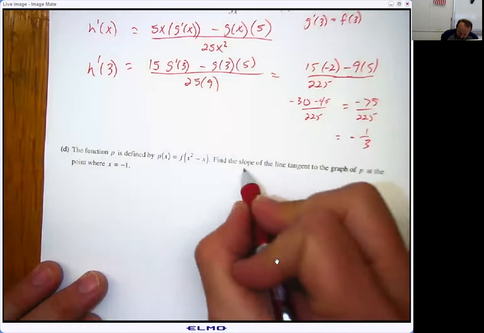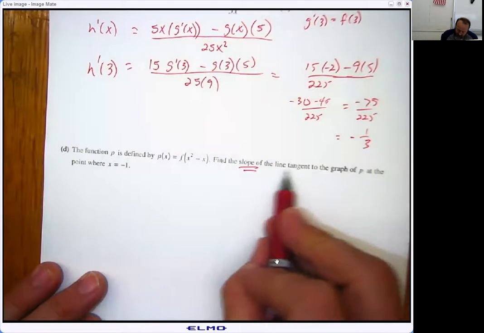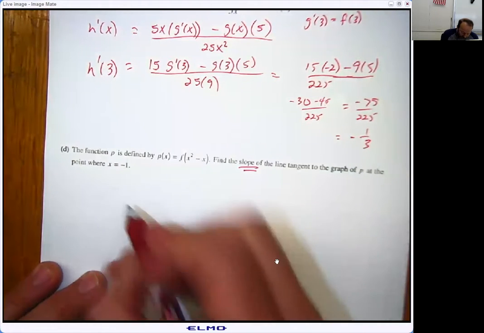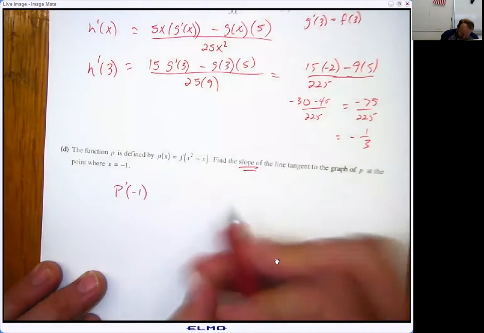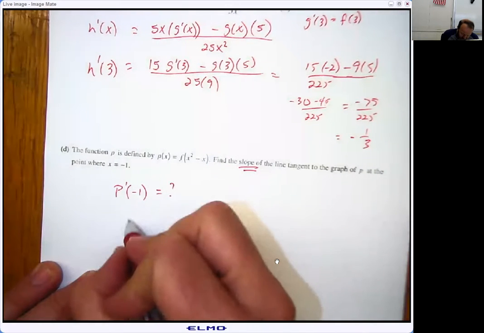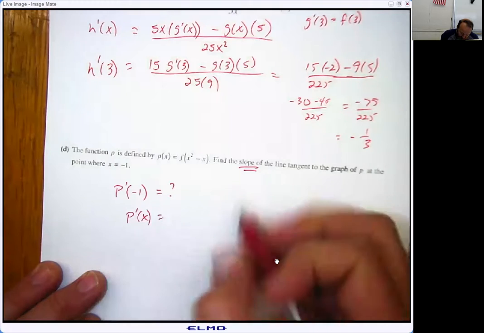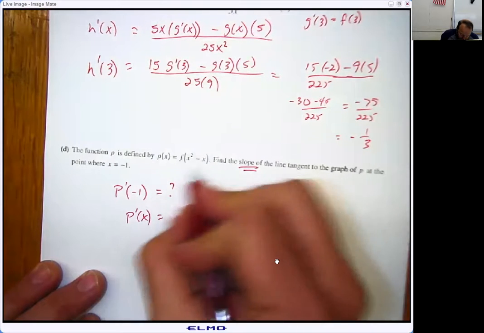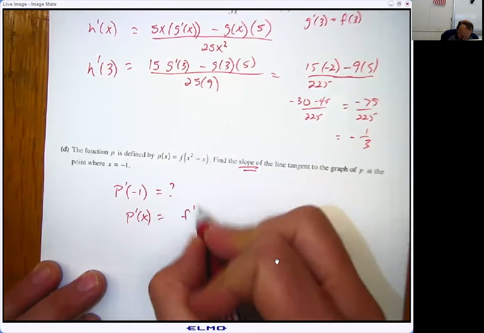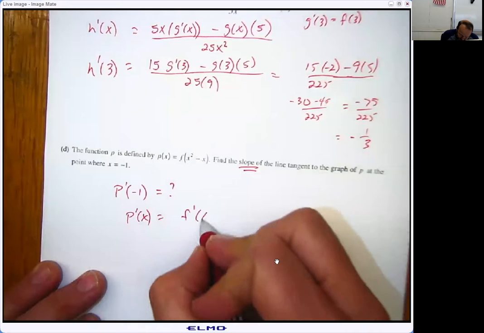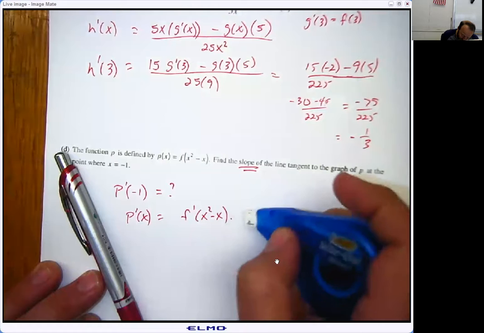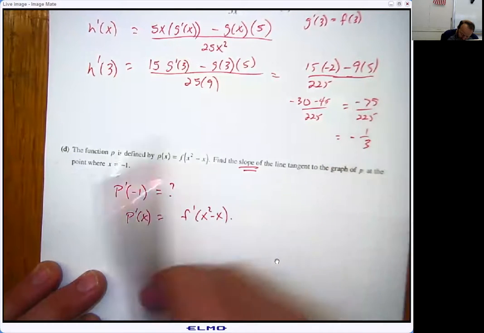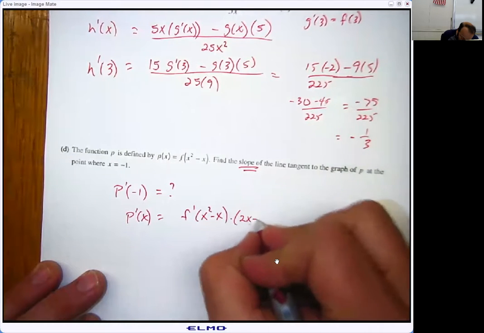So if we're going to find the slope or the rate of change of that line tangent to P, they're going to look for what is P prime of -1. So first off, what is P prime of x? Well, this is a perfect chain rule problem. The derivative is the derivative of the outside function times the derivative of the inside function, which of course the derivative of x squared minus x would be 2x minus 1.